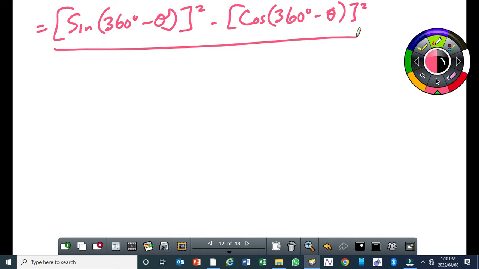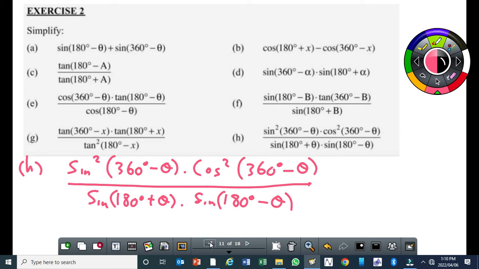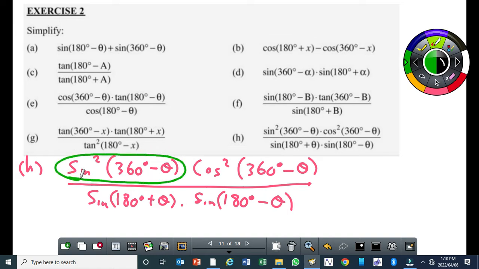Now, I want you to know that every time you get a trigonometric expression like this, you always get a positive answer. Always. If you get something like this, as long as there is a square there, you always get a positive answer.